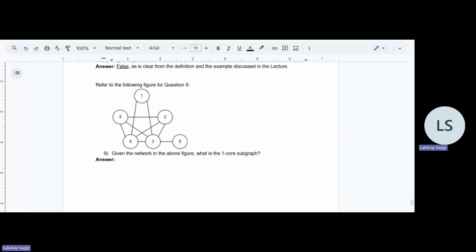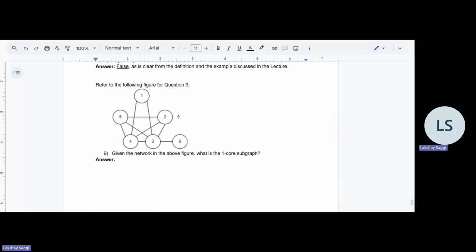The figure: what is the one-core subgraph? What will be a one-core subgraph in this network? You can see that this vertex 1 has a degree of 2, so we cannot remove it yet. This vertex 5 has a degree of 3, we cannot remove it yet. In a one-core subgraph, we just have to remove vertices of degree 1 first.